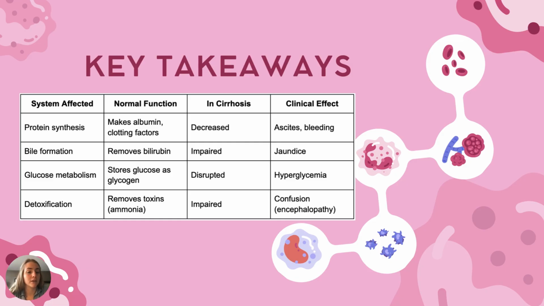Normally, the liver stores glucose as glycogen, but when that is disrupted, it's not stored as glycogen. It still is glucose, so that leads to elevated glucose levels in the blood, which is hyperglycemia. And then finally, there's detoxification, where normally the liver removes toxins, but in cirrhosis that is impaired, and so that leads to an increase of toxins in the body, which can lead to confusion or encephalopathy.